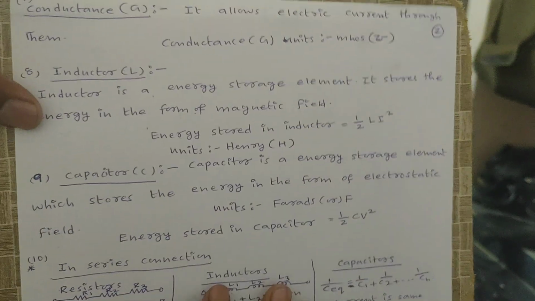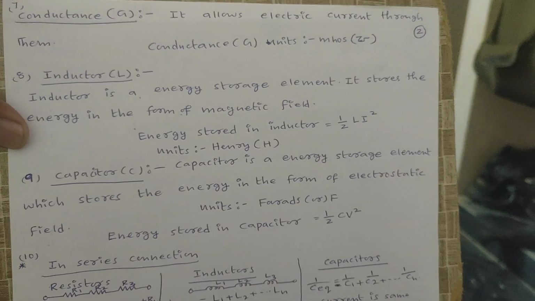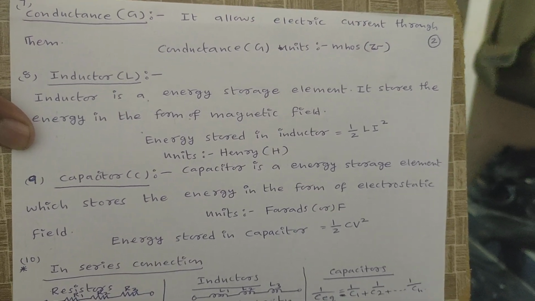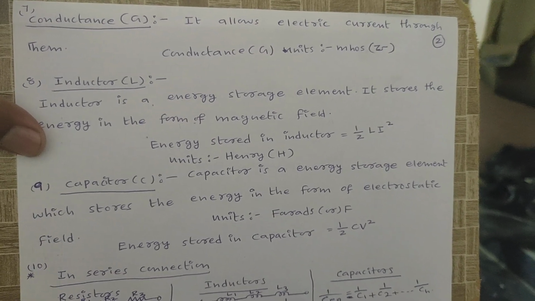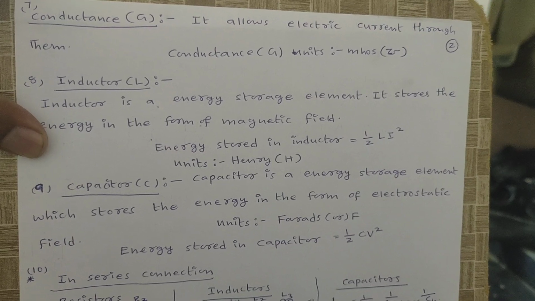Next, conductance G, which is the reciprocal of resistance. A resistor opposes the flow of electric current, whereas conductance G allows electric current through it.